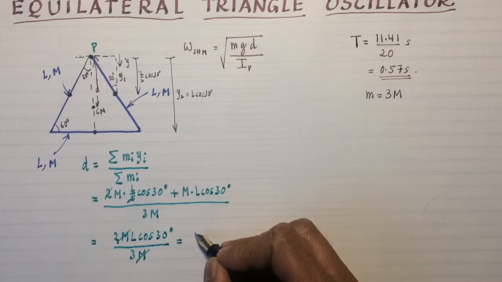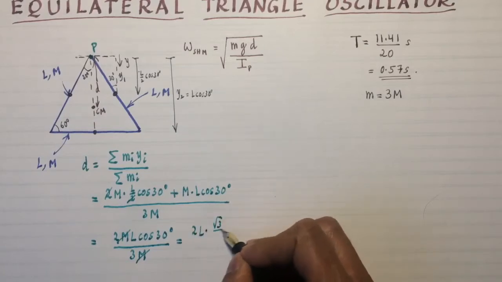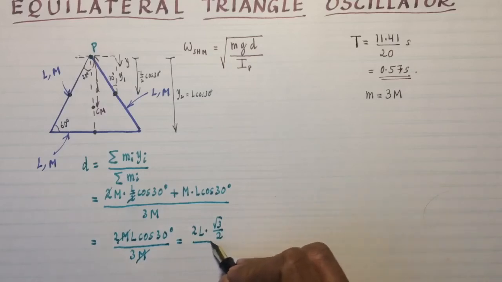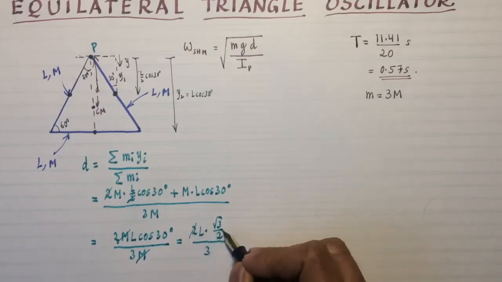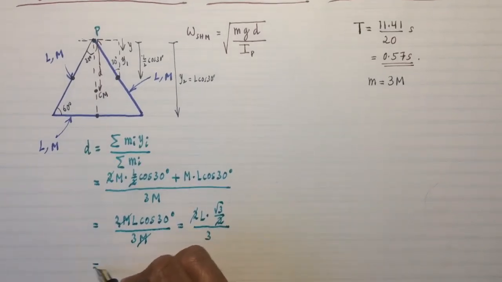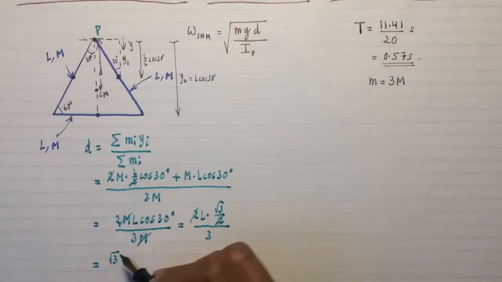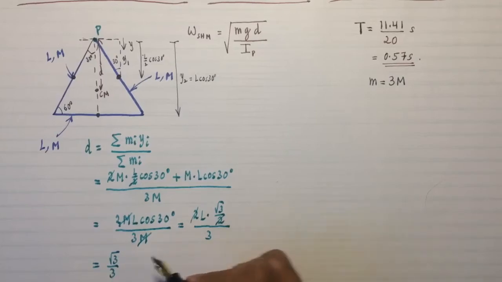It is root 3 over 2. So I get 2l times root 3 over 2 divided by 3. So this distance is equal to root 3 over 3 times L.